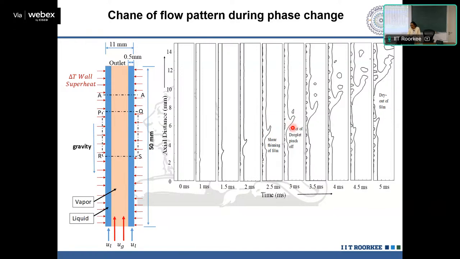This is the drop, and this is the vapor bubble that is growing adjacent to the pipe wall. Ultimately the snapping of the liquid film occurs and the wall gets directly exposed to the heat. Such phenomena with phase change are much more complicated and much more interesting to see.